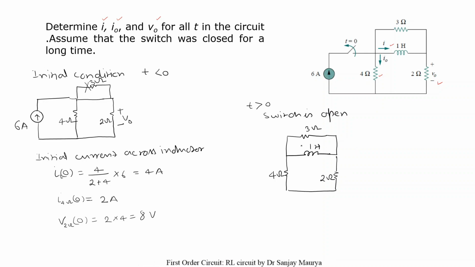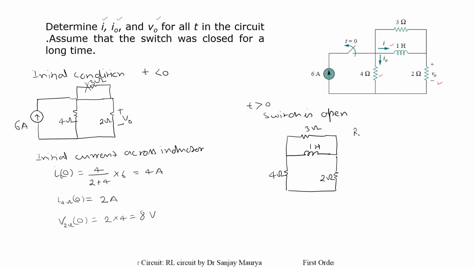First we are going to determine the current across the inductor at any instant of time. So for that we need to determine the value of the time constant. To determine the time constant we need to find R equivalent. So by removing this inductor, I am looking at these two terminals. The net equivalent resistance will be this 4 and 2 in series, and this series combination is going to be in parallel with 3.